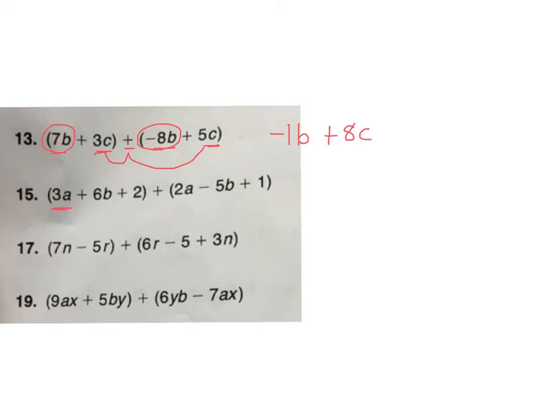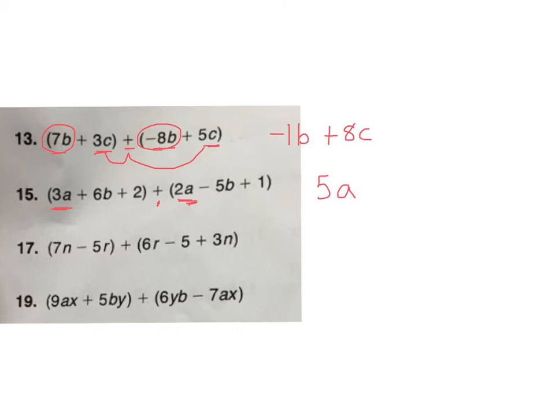Okay, let's look at this. I got 3a and 2a are my like terms, right? So 3a plus 2a is 5a. Good. And then I've got 6b plus negative 5b. You see this minus sign right here makes the 5b a negative, doesn't it? So 6b plus negative 5b is what? 1b.